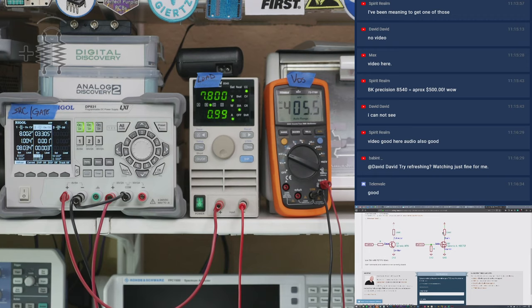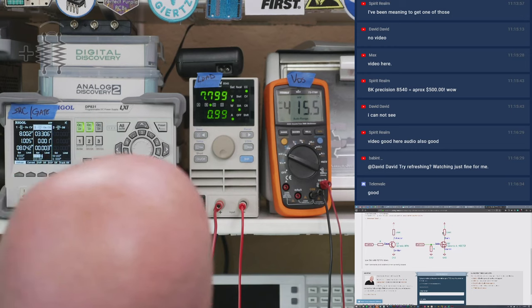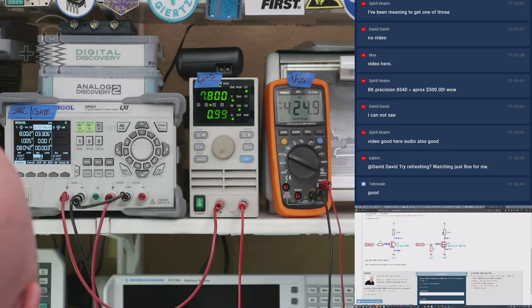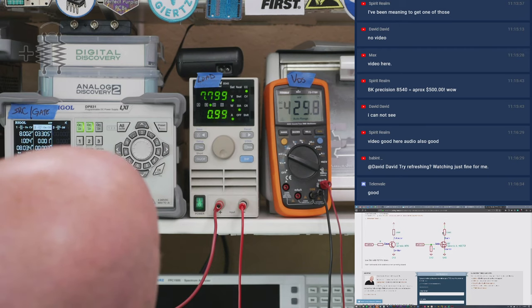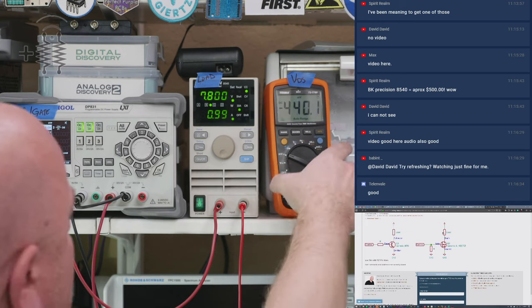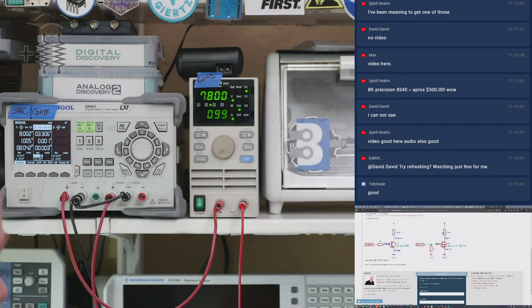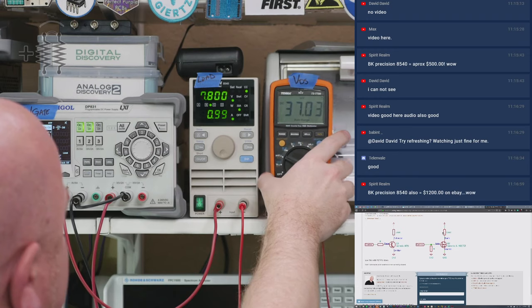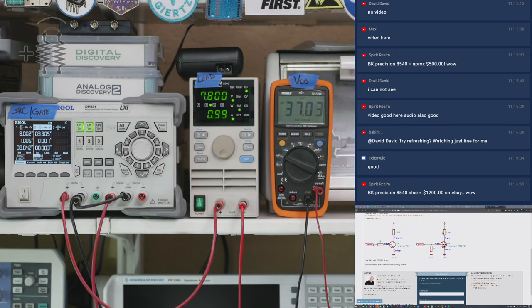Sorry, I'm looking at the screen at the moment. I'm doing the best I can to actually be able to see everything. That number is not anywhere near where I expect it to be, which makes me concerned. Something is not going how I expected it to. Okay, I don't know what that was about.